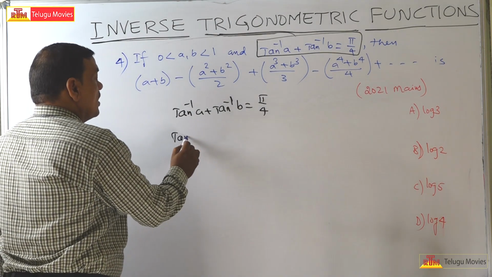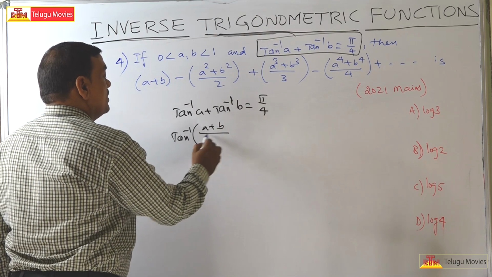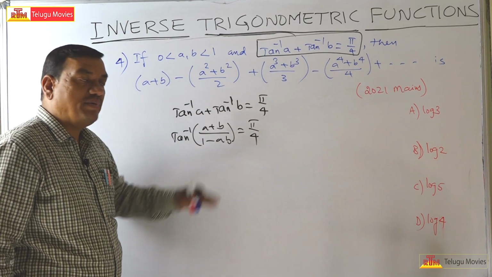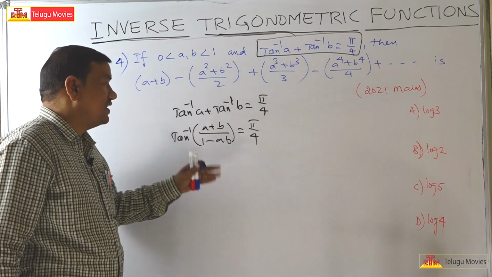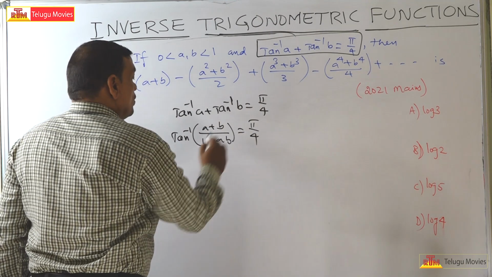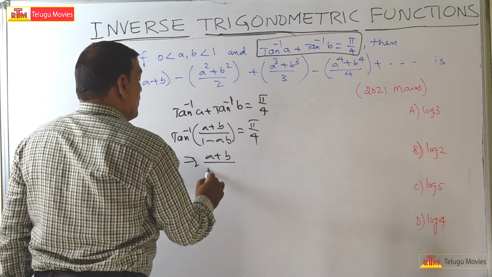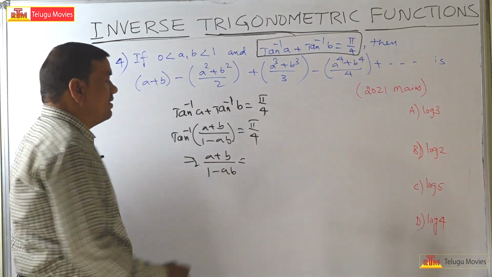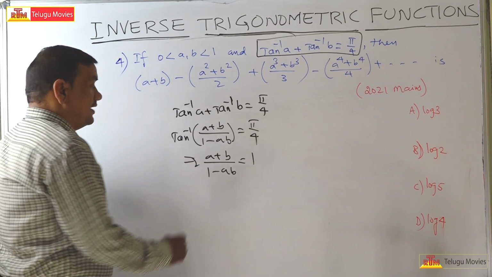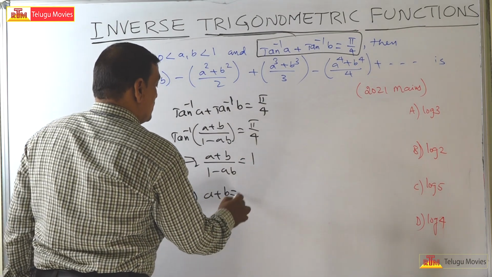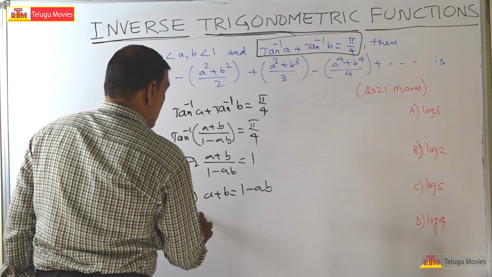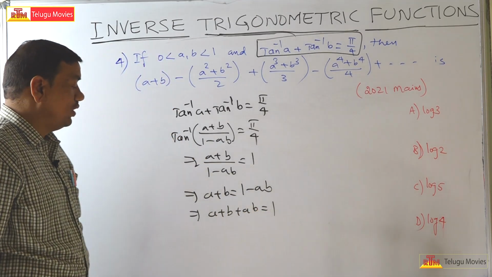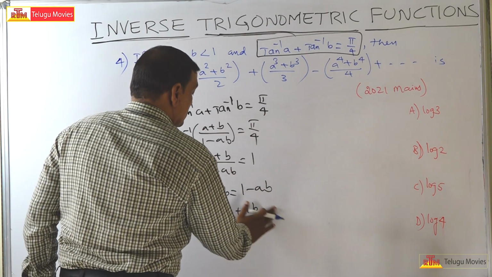According to the formula, tan inverse of a plus tan inverse of b is equal to tan inverse of a plus b upon 1 minus ab, which is pi by 4. Applying tan on both sides, a plus b upon 1 minus ab is equal to tan pi by 4, which is 1. Cross multiplying, a plus b is equal to 1 minus ab, so a plus b plus ab is equal to 1.